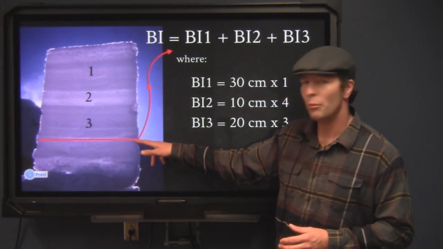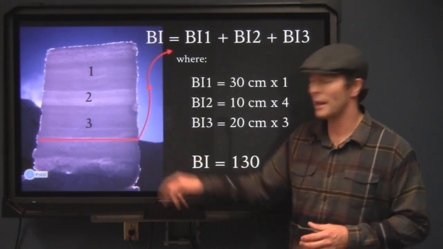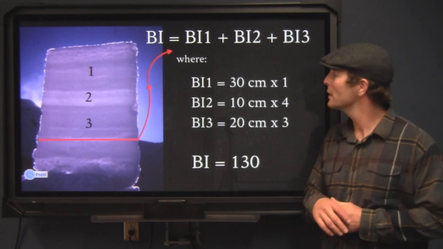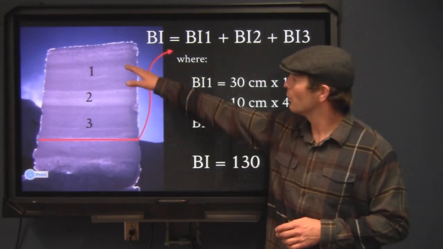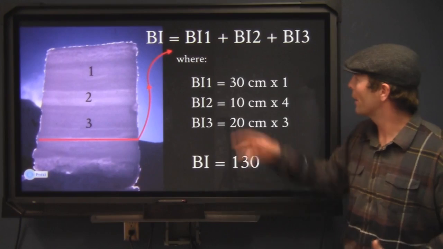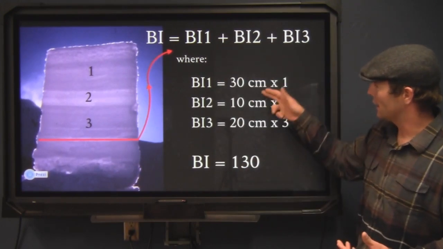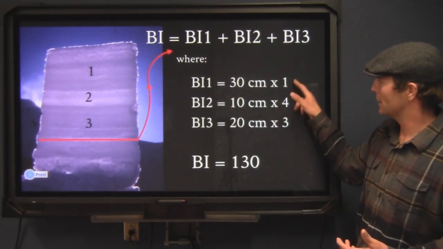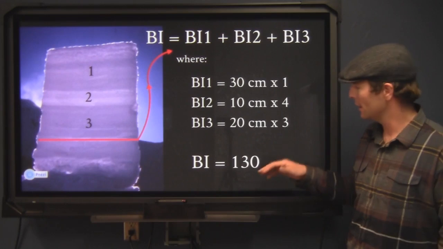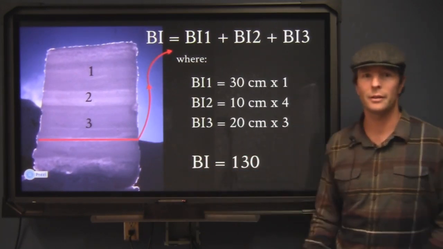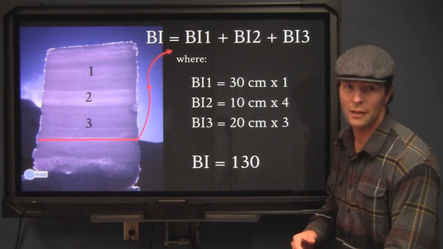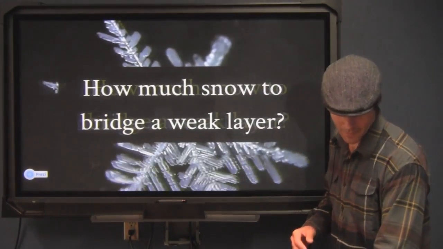To get the bridging index at this red line about 60 centimeters down, you take the bridging index of layers 1, 2, and 3 and add them together, each being thickness times hardness, with hardness on a linear scale. We come up with a total bridging at this line of 130. That's how we change the snowpack into a number.